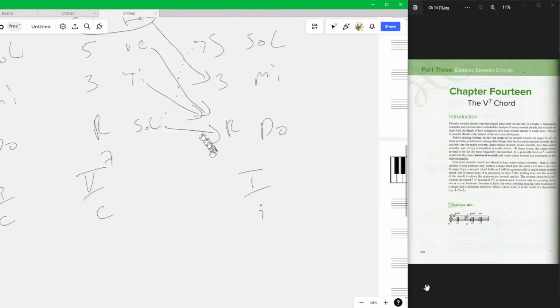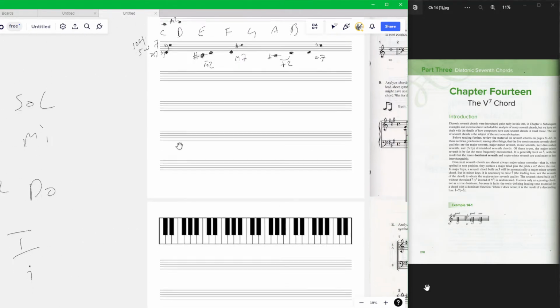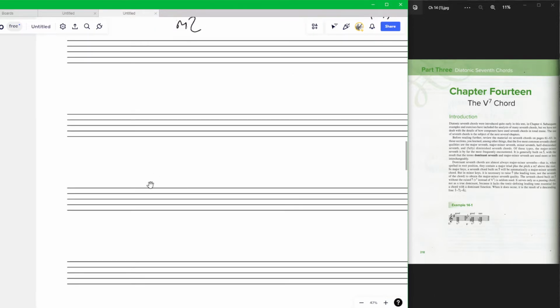Right? Let's put this on paper, on staff. I'll do it like this. Right, so C major, 5/7 chord to 1 chord. We're going to do the natural voice leading, complete to incomplete.